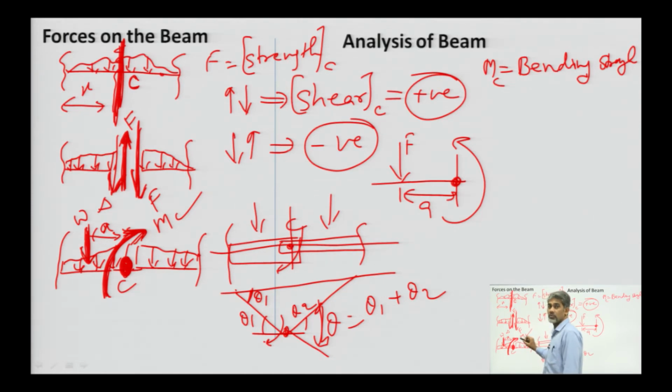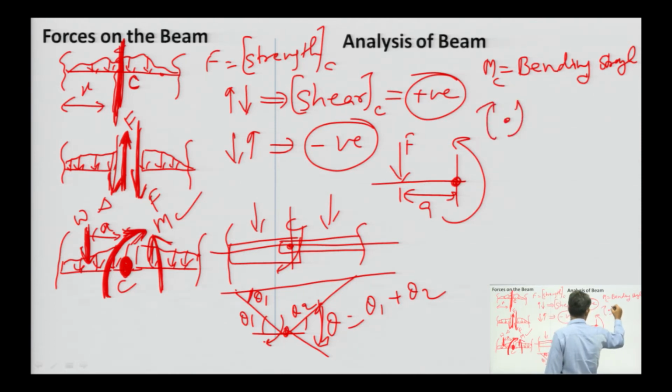That will be the same as the external load is giving here. If the left part has this type of action, then the right part will also have this type of thing. So, this nature is called the bending moment.